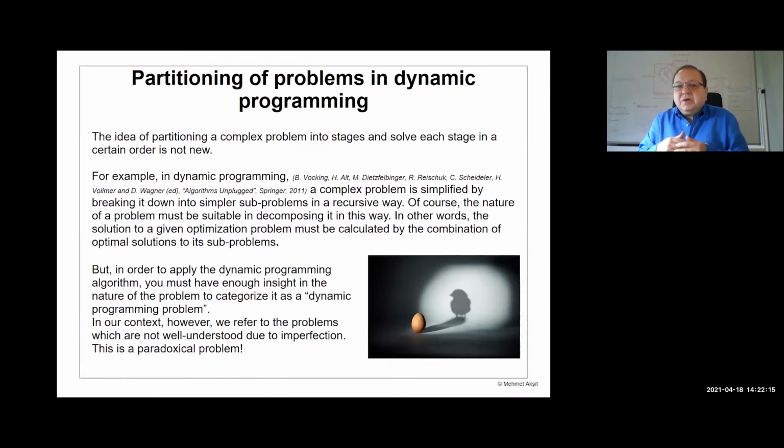In our context, however, we refer to general problems which are not well understood due to imperfection, and therefore we don't know exactly what the problem is. Of course, it's a very complex problem. It includes many sub-problems, and therefore we cannot apply such a technique because we don't know the problem yet. So, in fact, the early decomposition problem is a paradoxical problem.